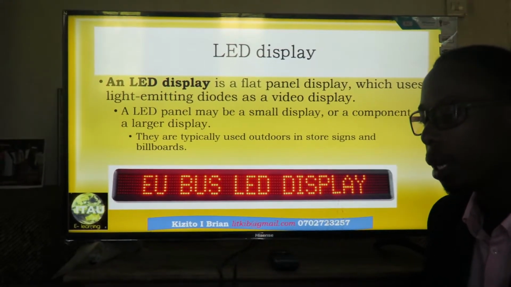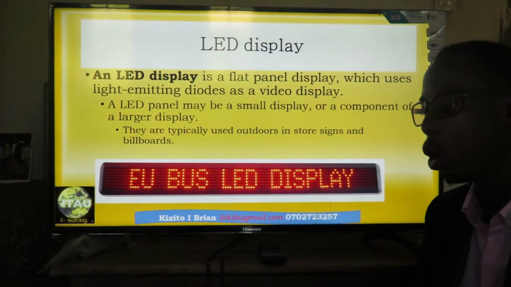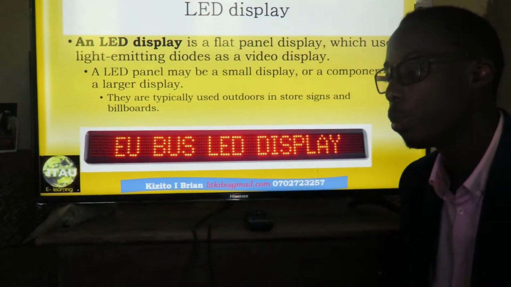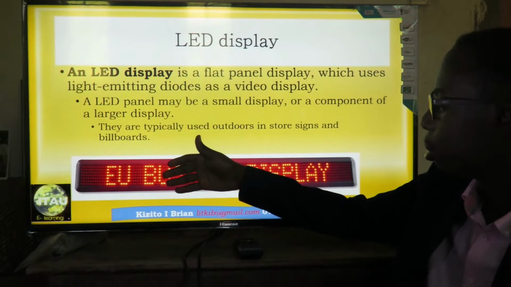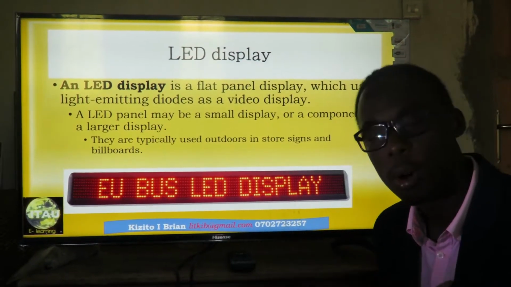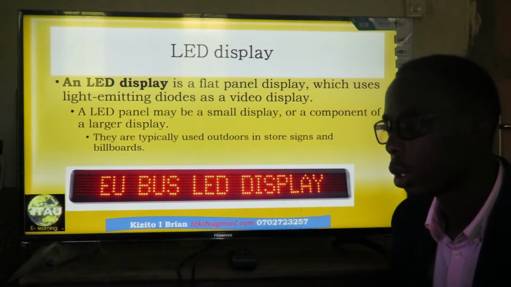The light emitting diode panel may be a small display or a component of a large display. Some of them are used to show when the computer is on or off, and to show when the computer is properly functioning or not functioning.